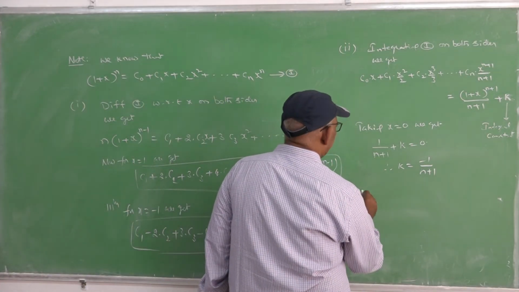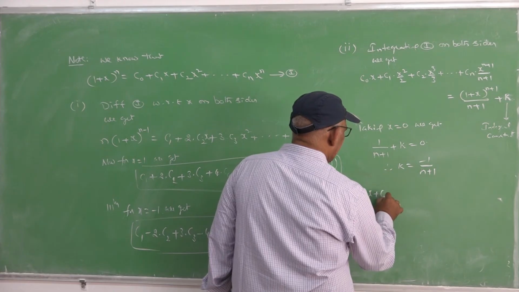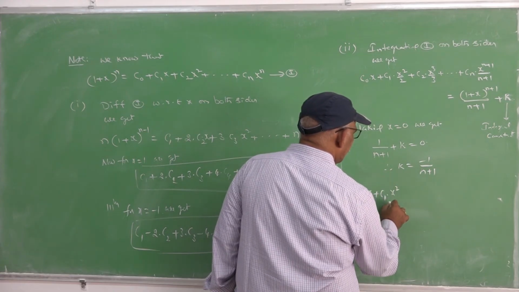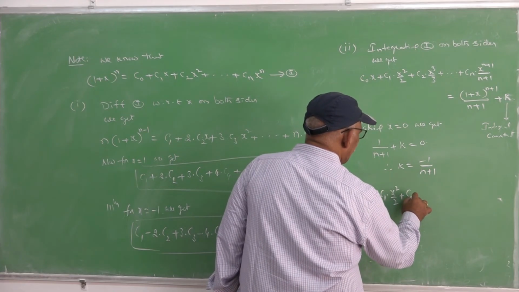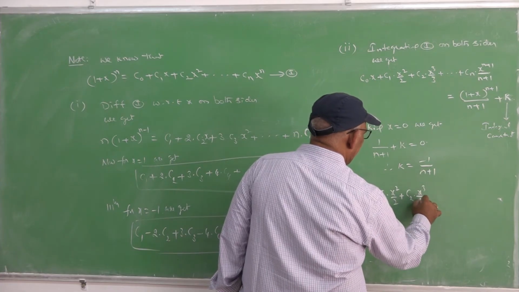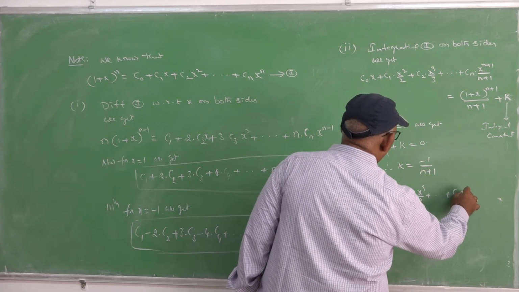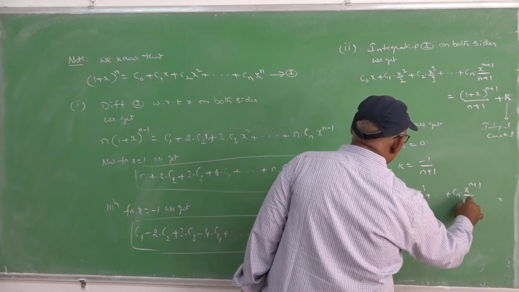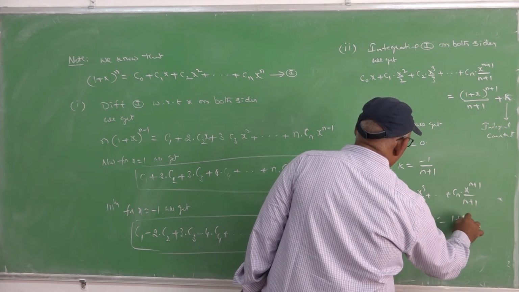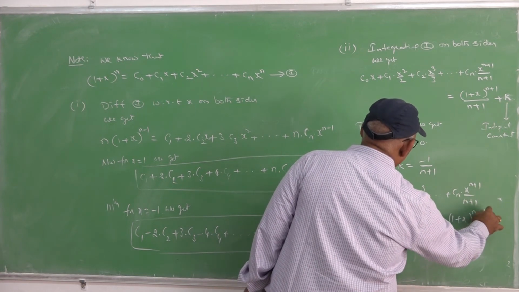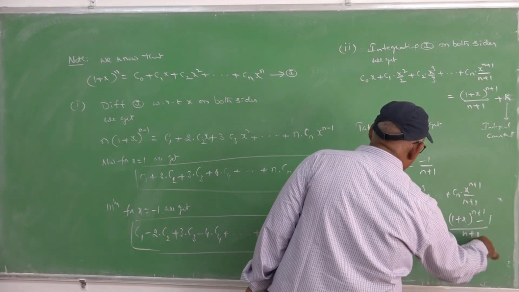So, C0 x plus C1 x squared by 2 plus C2 x cubed by 3, like that, Cn x power n plus 1 by n plus 1 is nothing but (1 plus x) whole power n plus 1 minus 1 by n plus 1 itself.